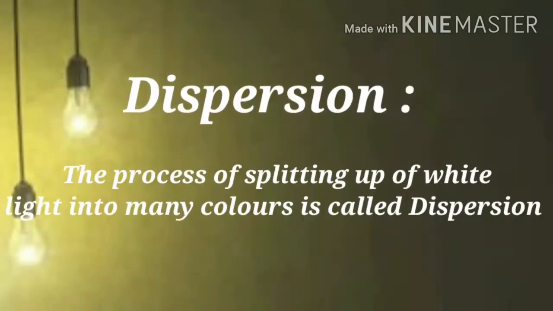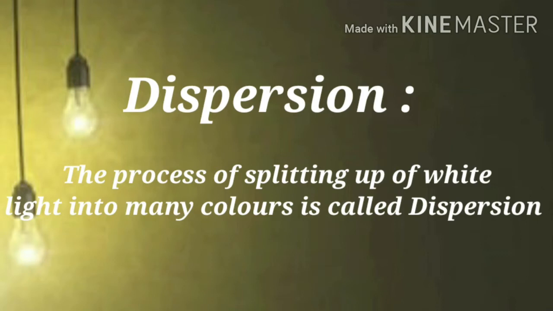Students, what happens when light ray falls on the surface of compact disc, that is CD? Yes, we see that when light falls on CD, it splits up into many colors. And this process of splitting up of white light into many colors is known as dispersion.